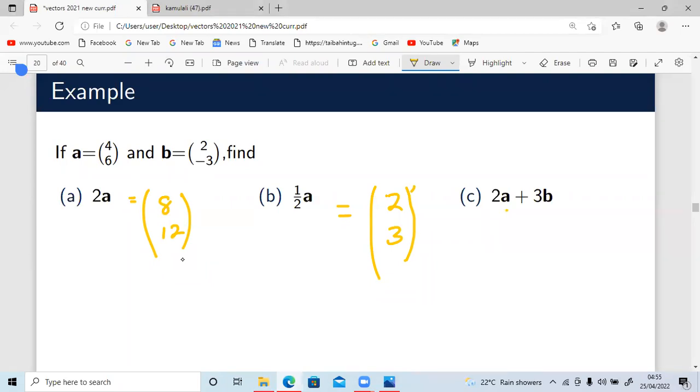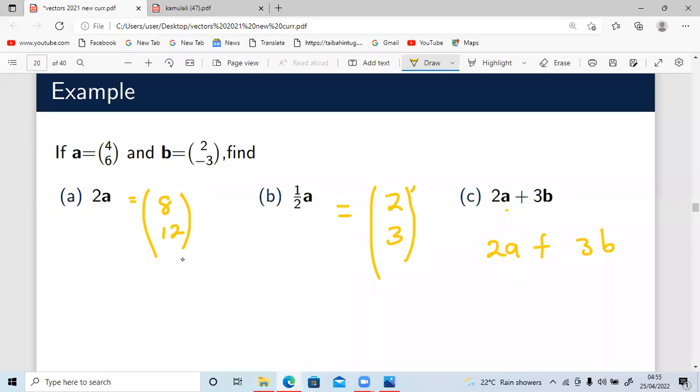Can we do part C? Do you want to try it? Yes. Okay, good. First get your 2A, then find out what 3B is. So find out what 2A is.